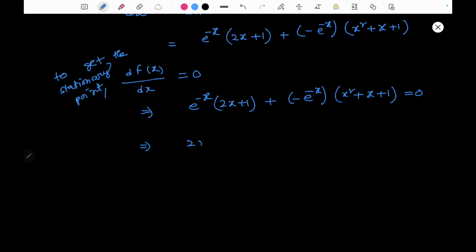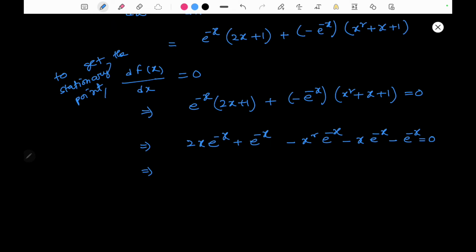Now 2x e to the power minus x plus e to the power minus x, not plus, here we will write minus x square e to the power minus x, minus x e to the power minus x, minus e to the power minus x equal to 0.